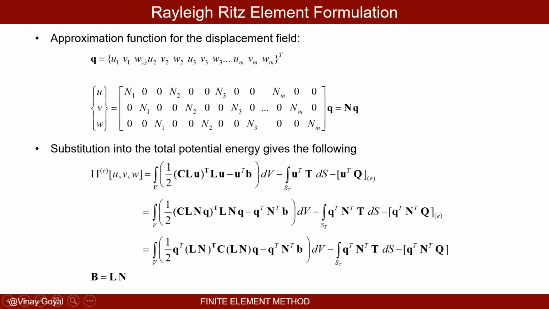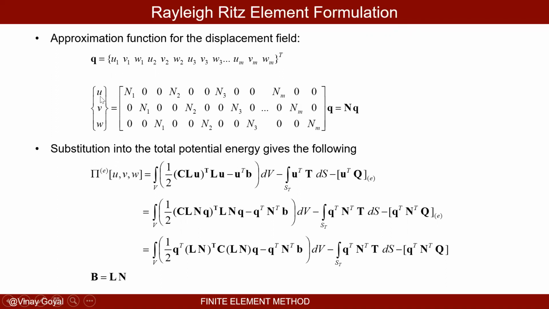This is node 1, these deflections are at node 2, these deflections are node 3, and these deflections are node M. We're going to keep it general, so there are M nodes in this element, that way we can apply this theory to anything we want. So M nodes for this element, which is three-dimensional.